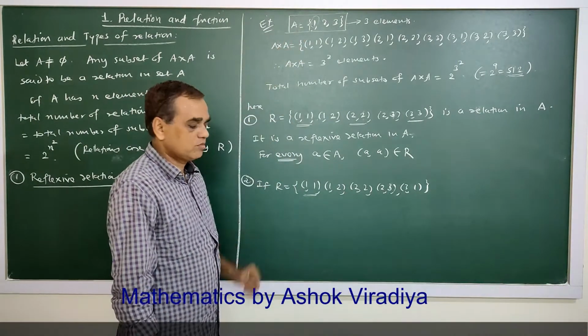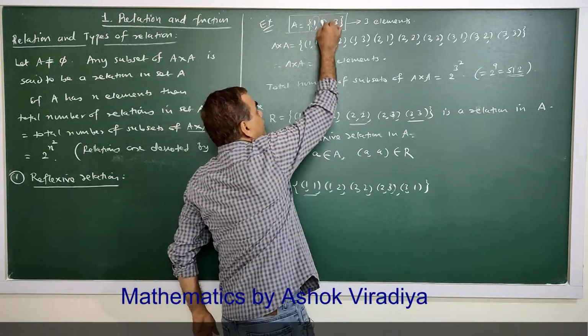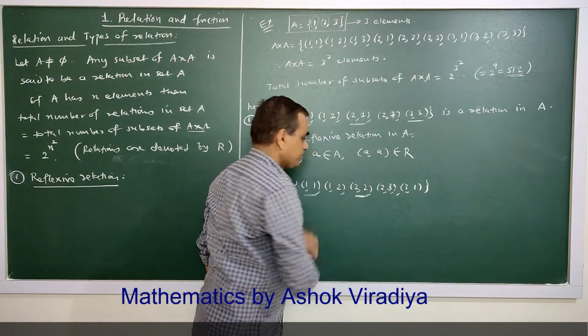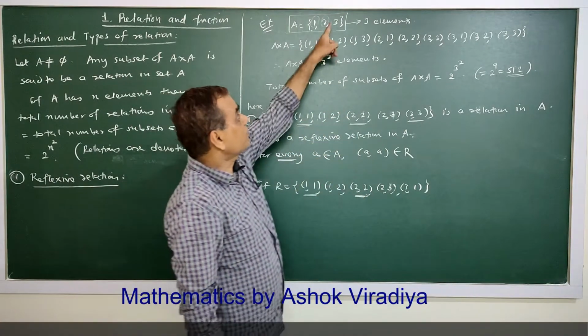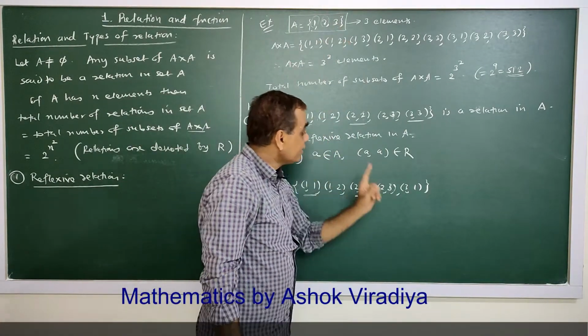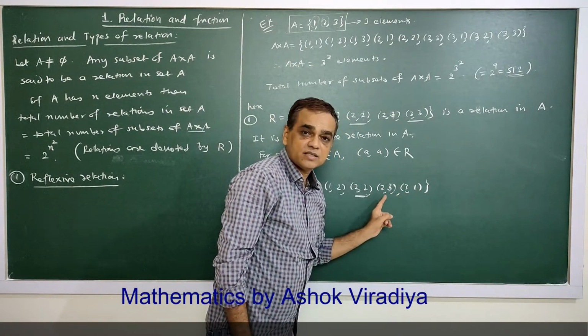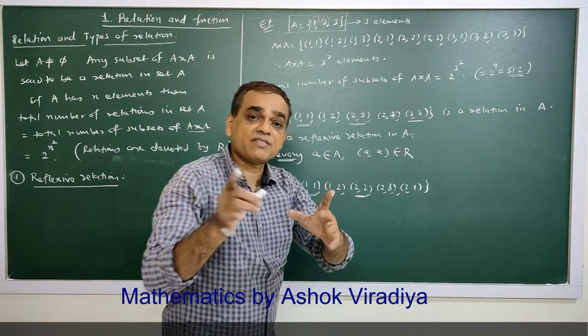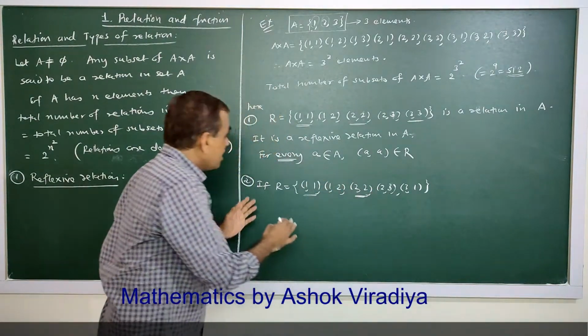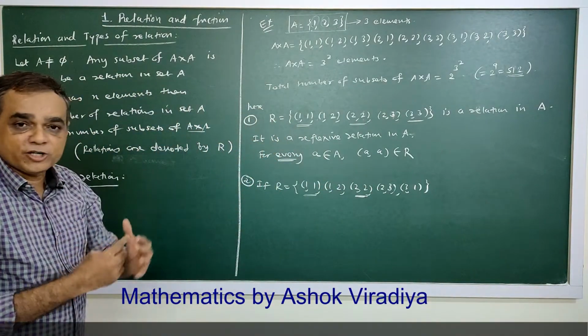Take 2, doubling of 2 is here, (2,2). Check for 3, doubling of 3 does not belong to this set. So doubling of 3 is left. So this is not a reflexive relation.